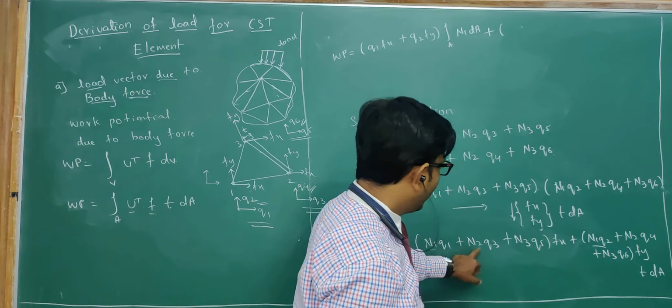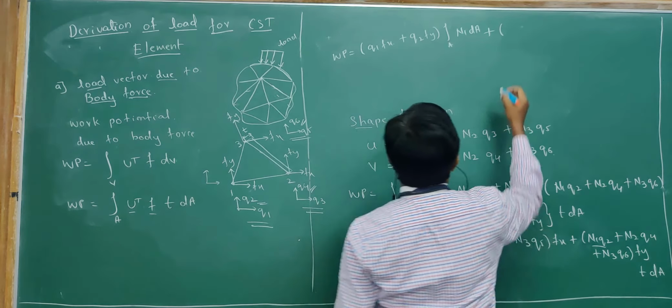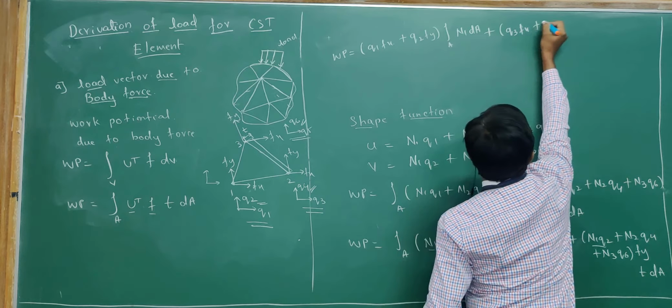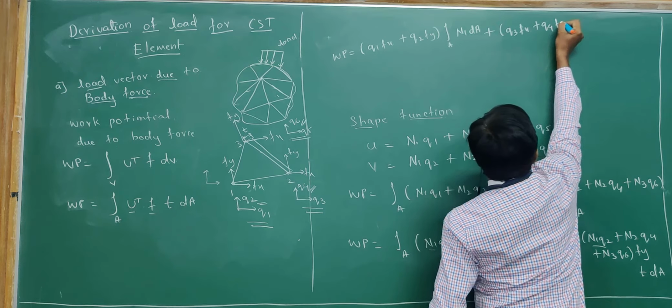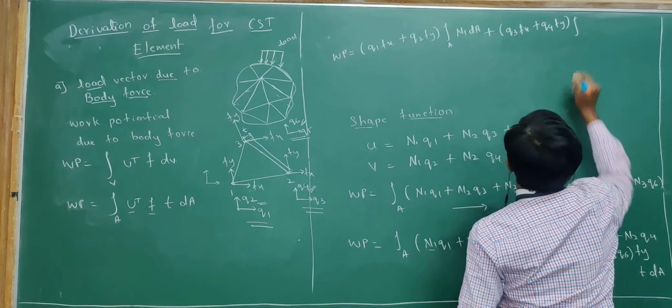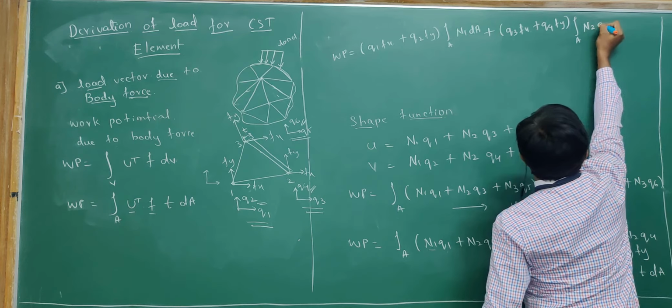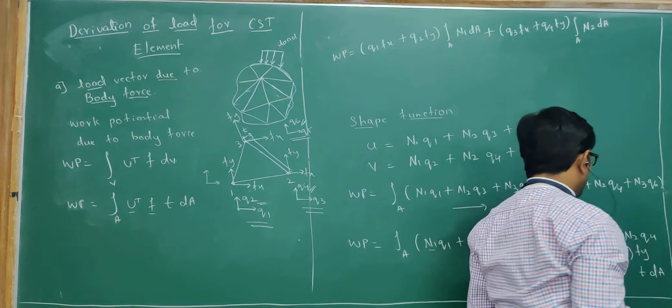If I take N2 common, Q3 Fx plus Q4 Fy integration A, N2 into D.